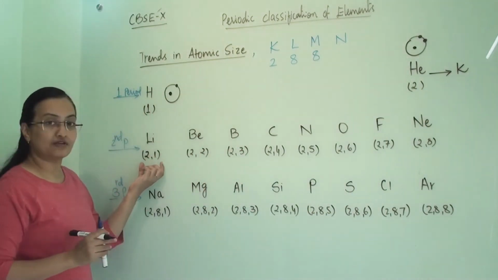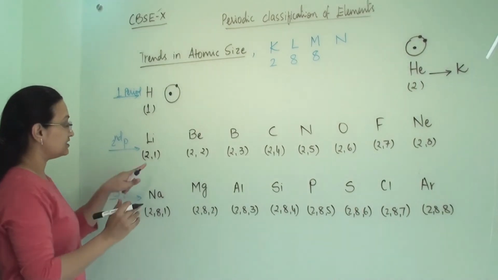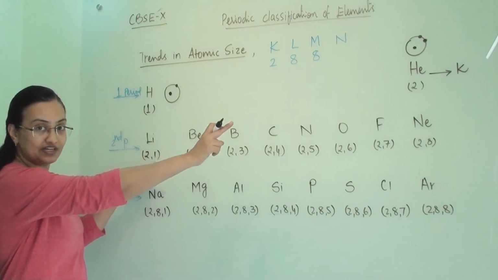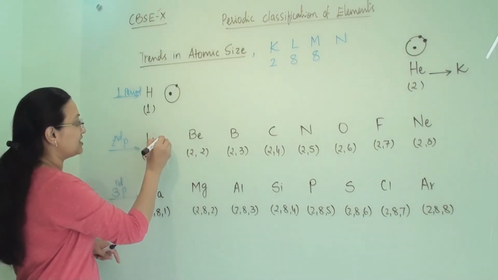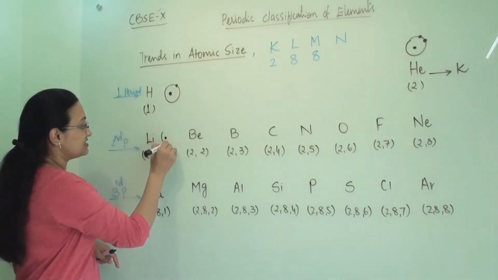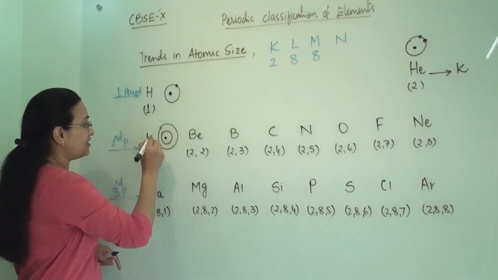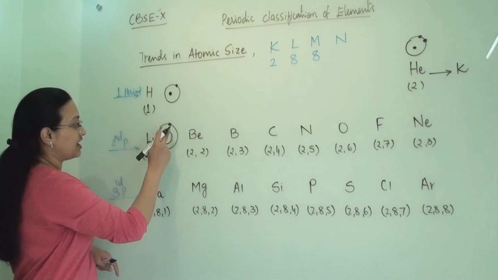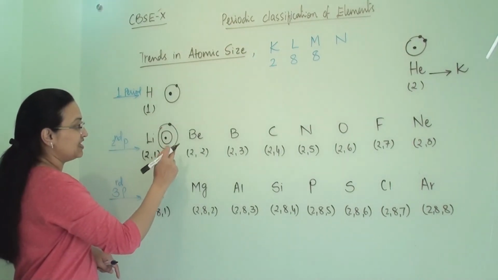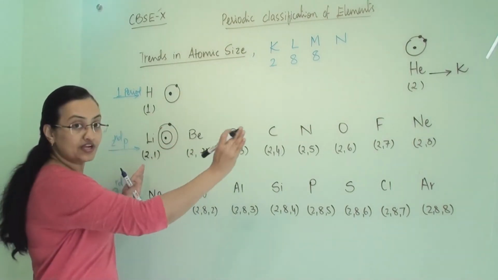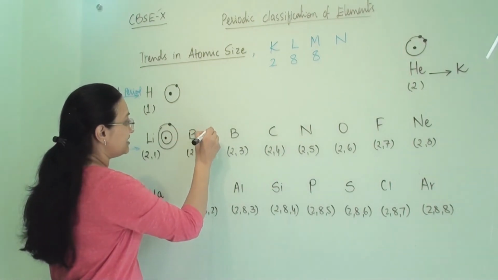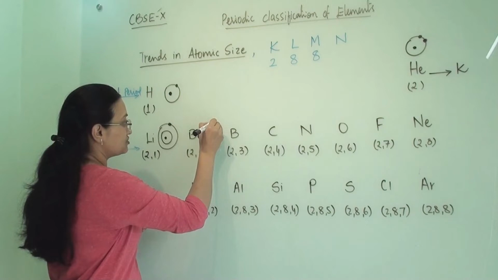Now coming back to the second period, here the second orbit has started because the first shell is completely filled. So in the second orbit 1 electron is there. As we are going towards the right-hand side, here let me put 2 electrons.